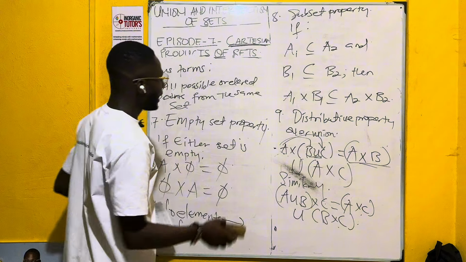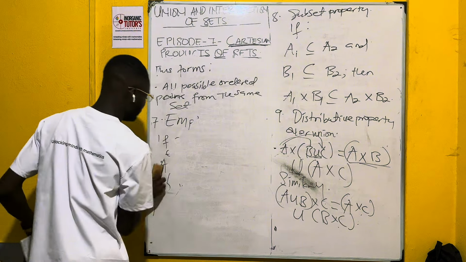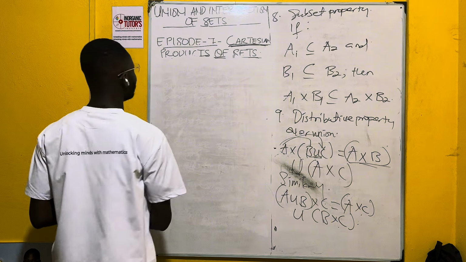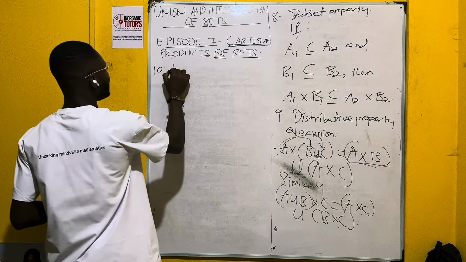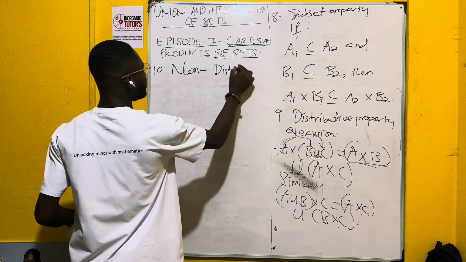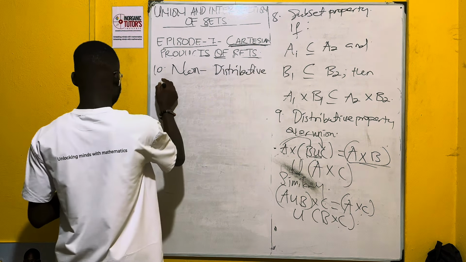All right. Now let's look at the 10th property. The 10th property is the distributive property over intersection.